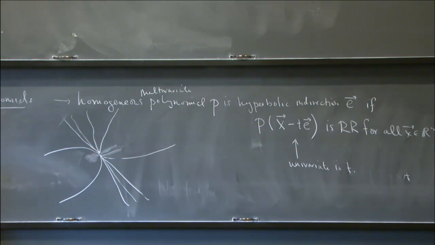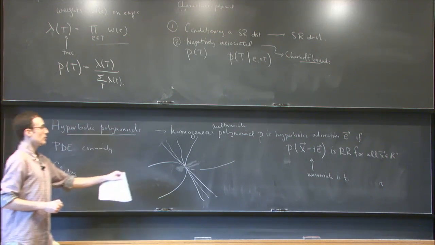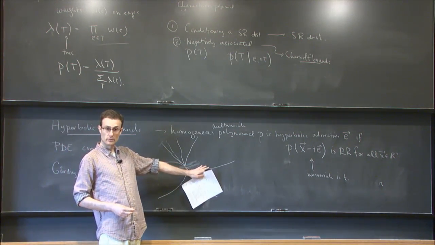But the main result that made these hyperbolic polynomials interesting is a result due to Gårding. Maybe it's just my memory, but I thought it needs to be positive, not just go in some direction where it will remain positive. So that's going to be the definition of your hyperbolicity cone. Oh, I see. Yeah.